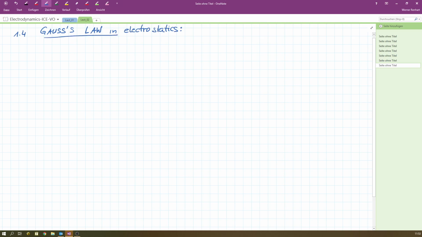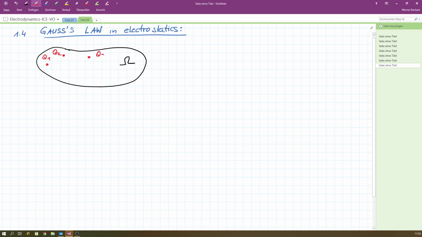Supposing we have a volume, an electromagnetic field potato, some arbitrary shaped volume. Inside this volume omega, there are some charges Q1, Q2, Q3, and so on up to Qj.